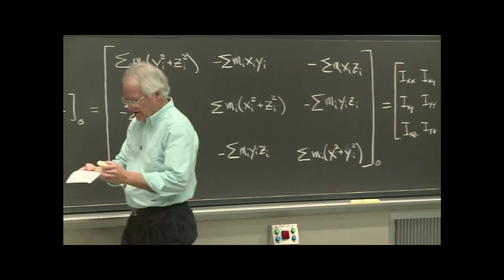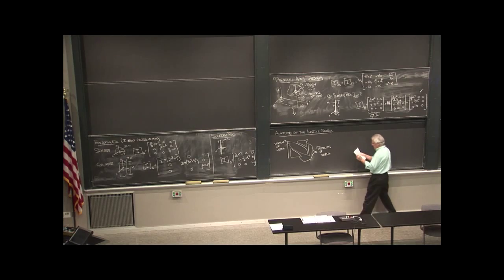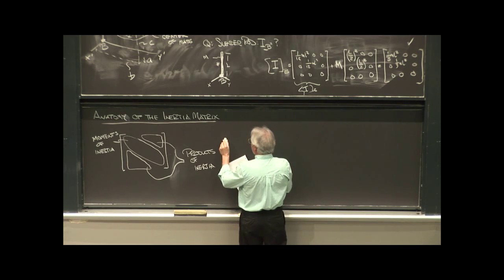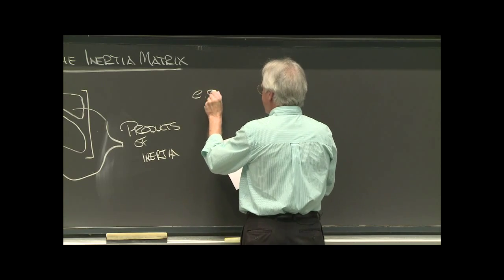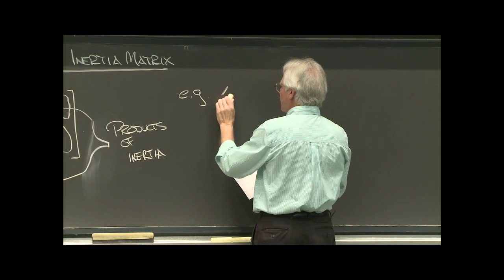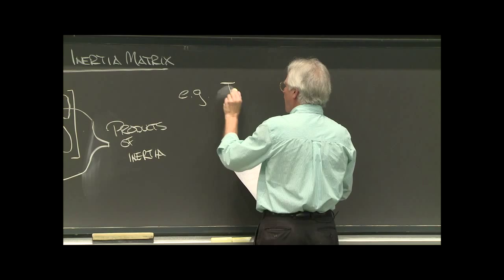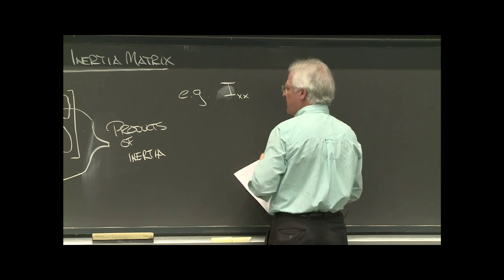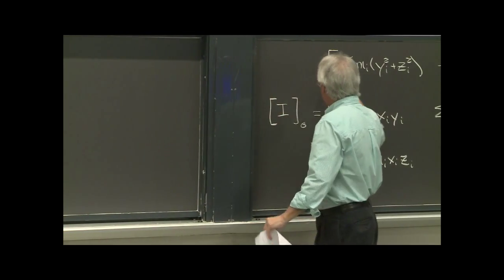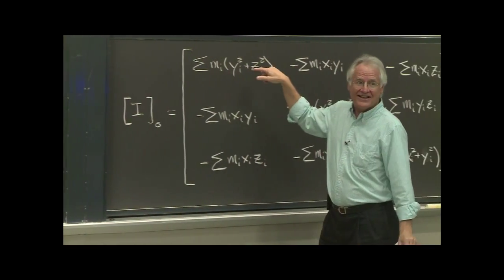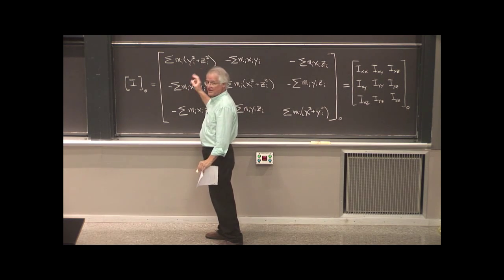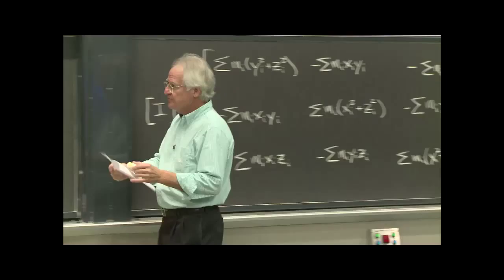And let me just say, you pick any one of these. Would you appreciate that the IXX one, which is looking down the x-axis, okay? The two components you're going to see are y and z.